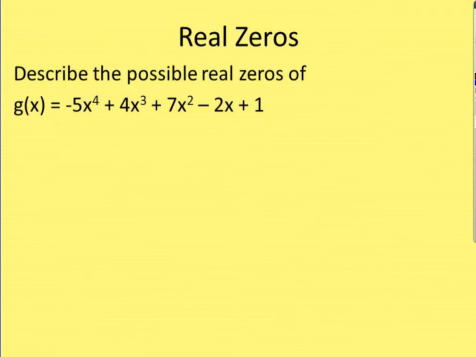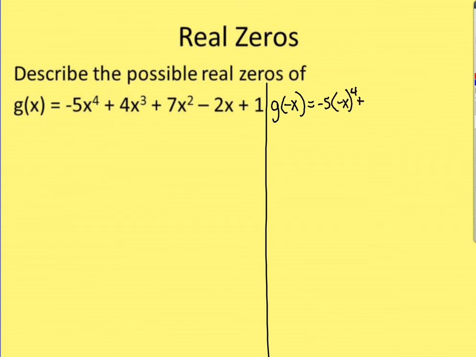Let's do this again. We have g of x. We also need g of negative x. Negative x to the 4th power makes that a positive.